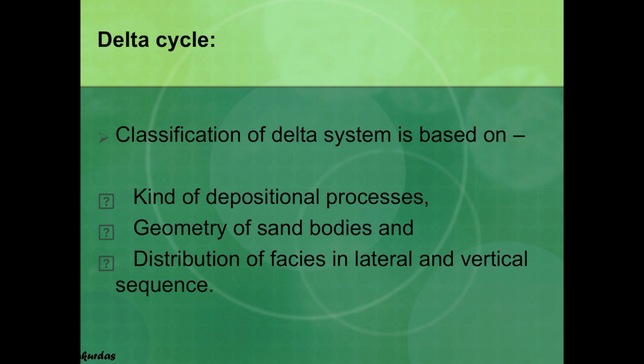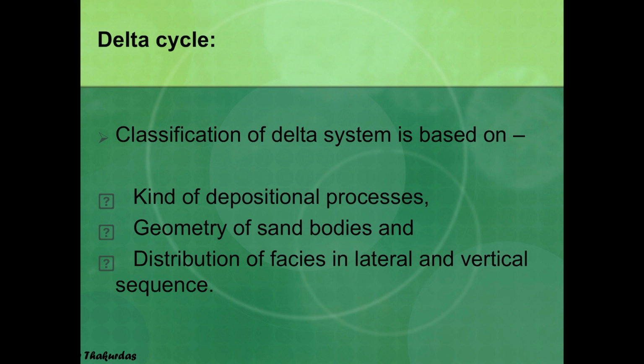So that was about the association of these two different environments, and therefore delta is a transitional environment. Since it is at the boundary of continent and ocean or sea, you get to see characters of both systems, dip fade system as well as strike fade system.